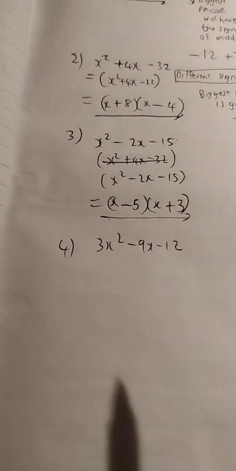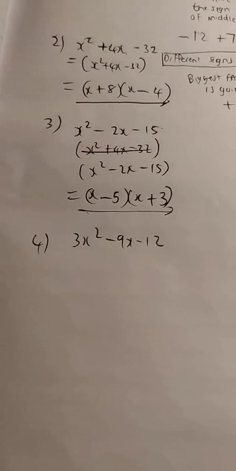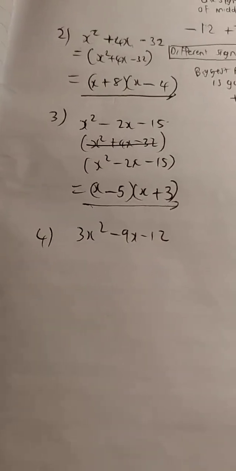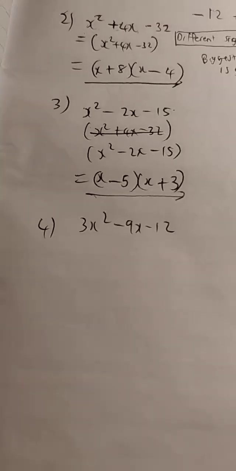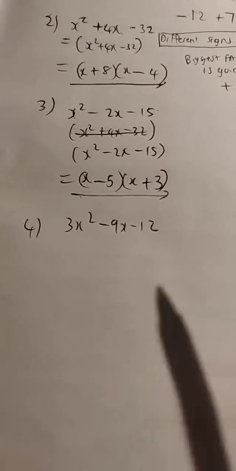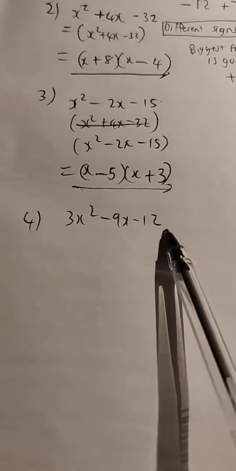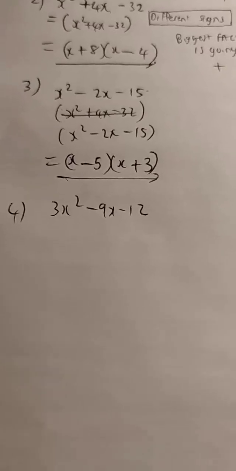Okay, this one, 3x squared minus 9x minus 12. Once again, how many terms in the expression? There are 3 terms in the expression. So if there are 3 terms, the next question, do we apply the sign change rule here? No. No need for application of sign change rule.